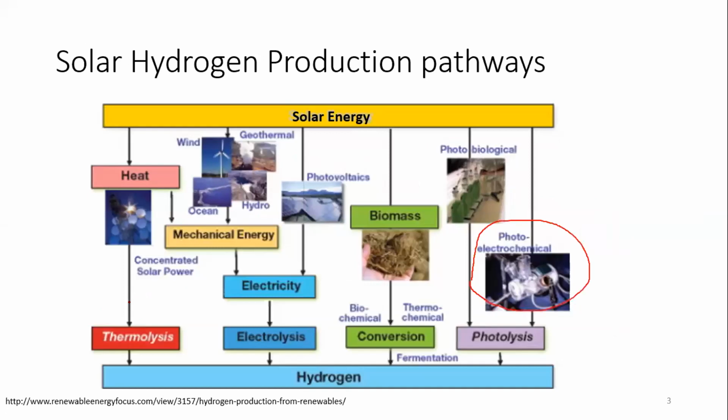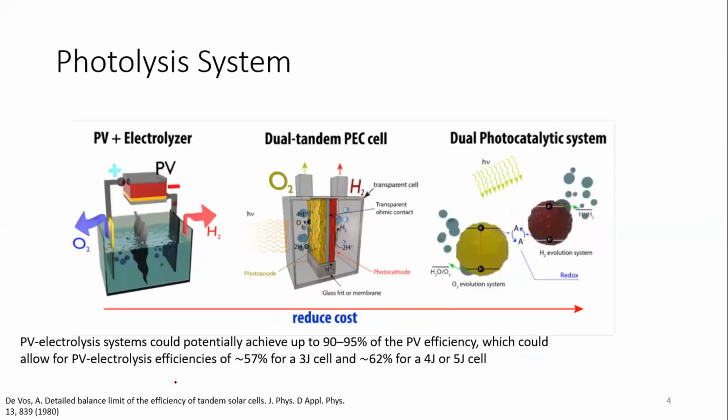So if you take this photolysis system, for example, at present you can convert solar energy to hydrogen in different ways. One of them is photovoltaic combined with an electrolyzer system. Both photovoltaic based on silicon solar cells and electrolyzers are mature technologies. So one can combine photovoltaic plus electrolyzer. The idea here is that you use a solar cell to convert solar energy to electrical energy.